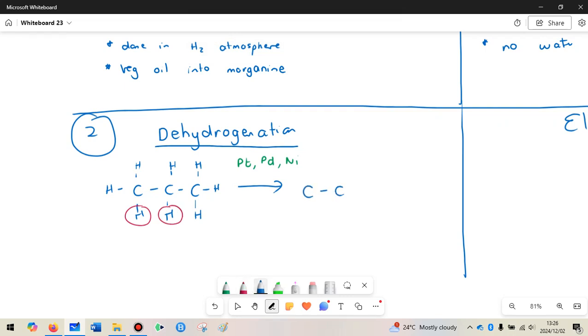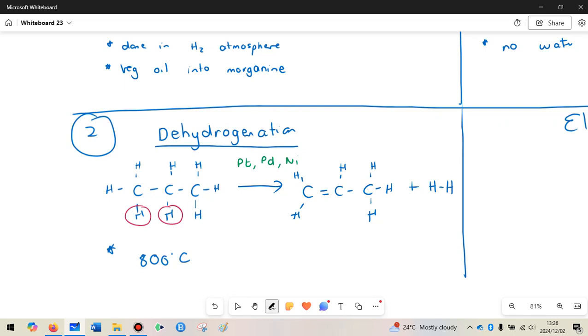Let's kick it out from those 2, and there's my double bond now. Don't forget to actually draw what you've kicked out, which is the hydrogen. This also needs to take place at 800 degrees Celsius in order to dehydrogenate a hydrocarbon.